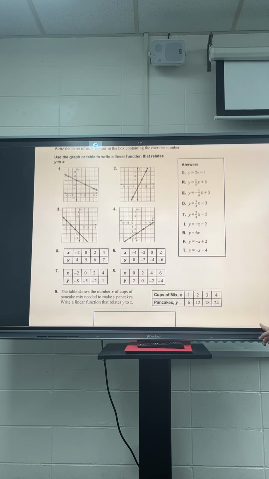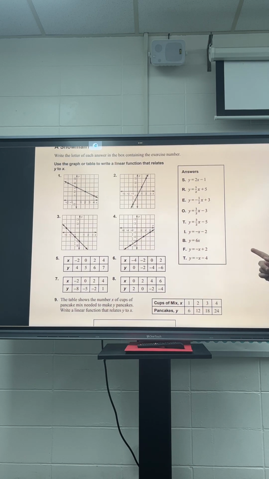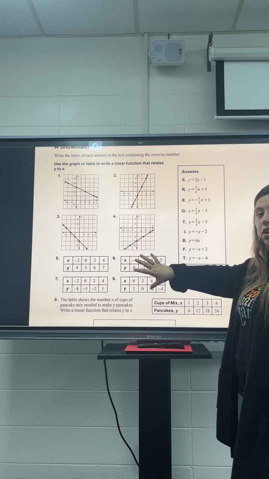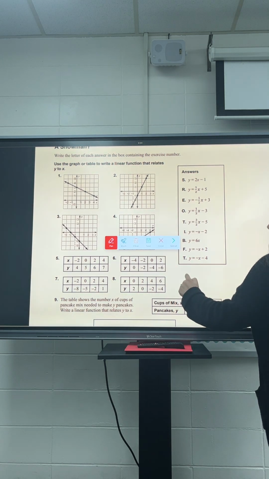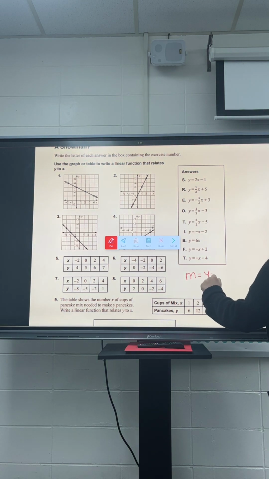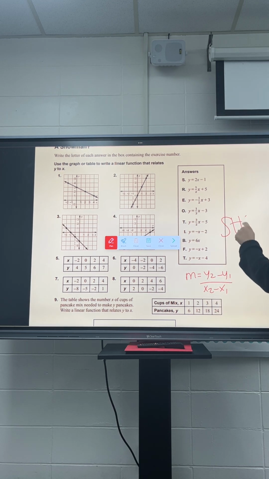What I want you to do is get out a blank sheet of paper and write your work down, show your work, especially for these questions right here where you are going to need y2 to find the slope: y2 minus y1 over x2 minus x1. I have to see the work. Show your work or you're not getting credit. If you've got questions, email me and let me know, and that's it.